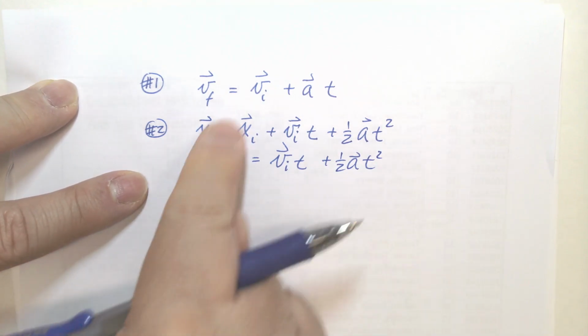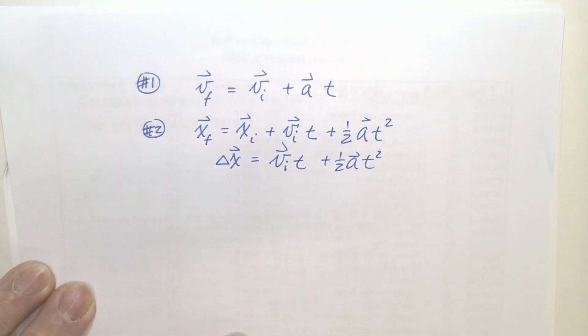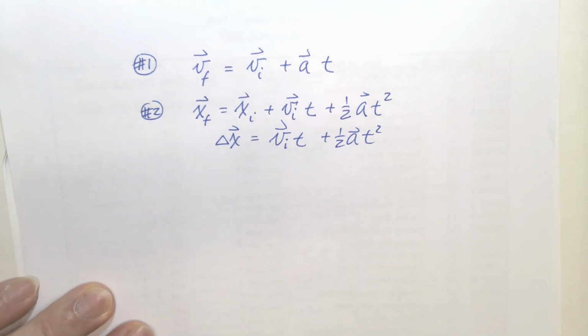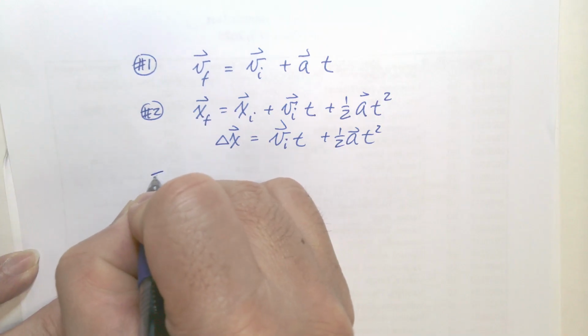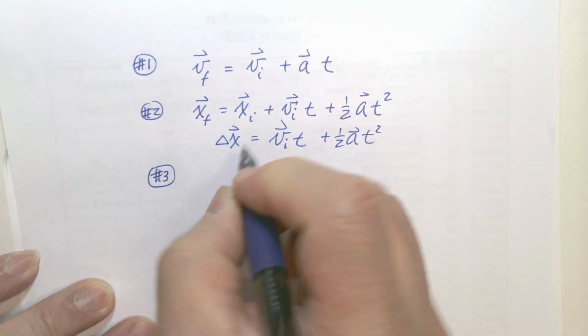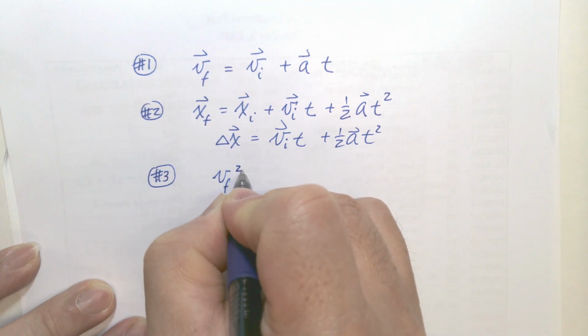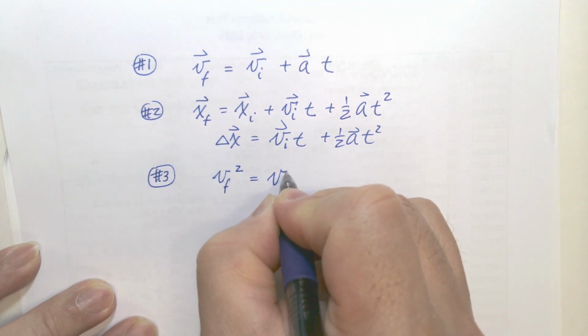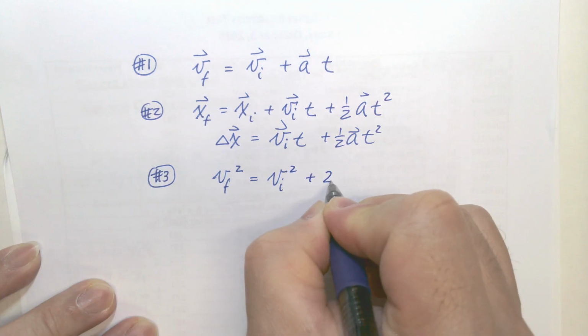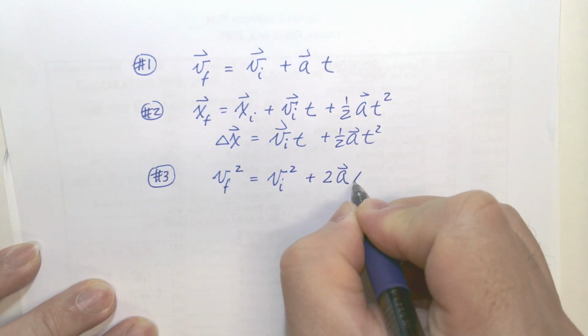They're the same thing, depending on what's given to you and what you have to find. And equation number 3 is VF squared equals VI squared plus 2A delta X.